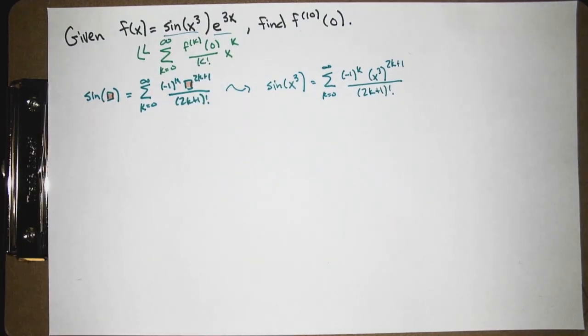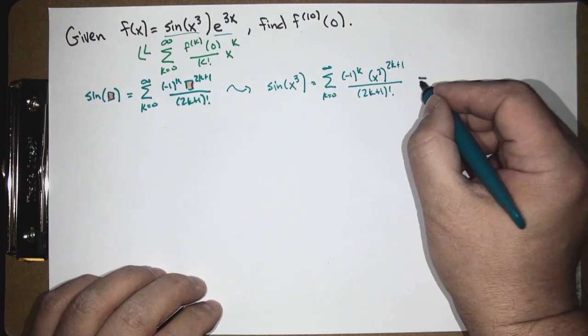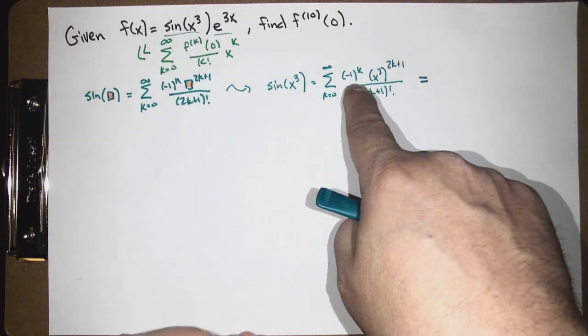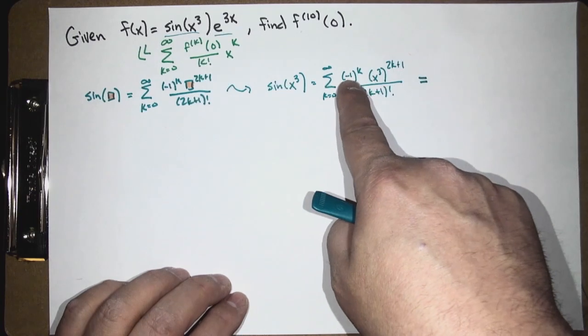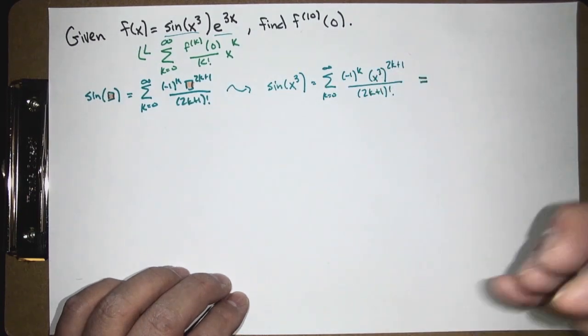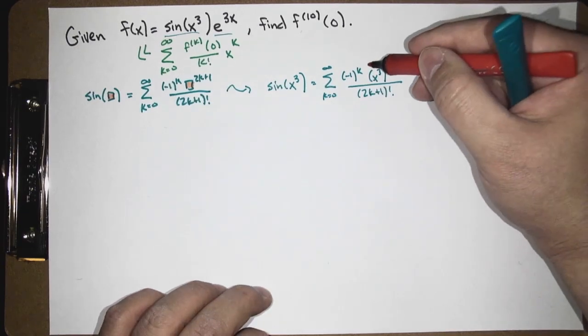Well, let's start. What's the first term? k equals 0. Plug in k equals 0. What do we get? Negative 1 to the 0 is 1. x cubed to the power of 2 times 0 plus 1, which, by the way, we could also have just written this part right here.